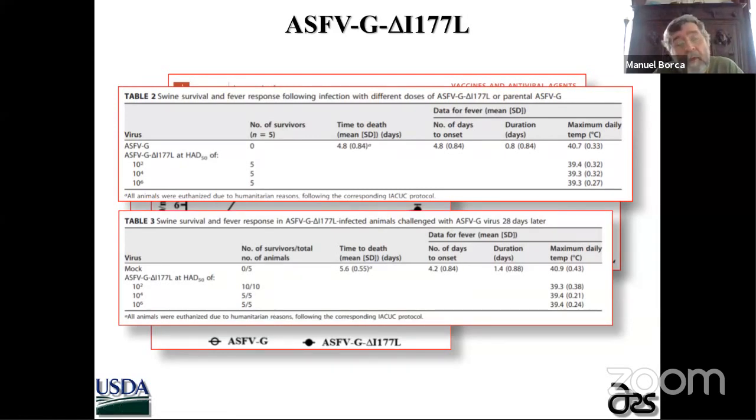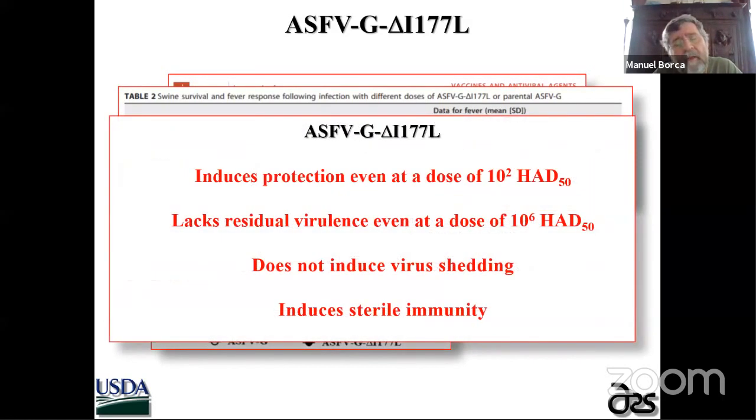We have big expectations for this virus because it induced protection even working at very low doses, 10 to the 2, and lacks residual virulence even working at high doses like 10 to the 6. Another thing that I didn't mention is that it does not induce virus shedding. Animals that are cohabitating with animals inoculated with even 10 to the 6 for as long as 1 month do not get the virus from the vaccinated animals.